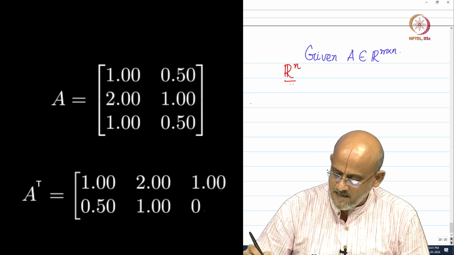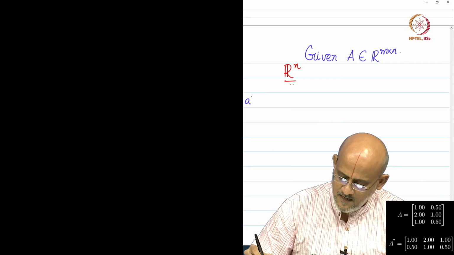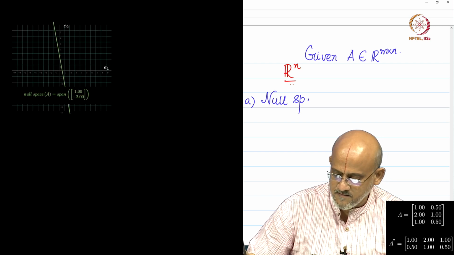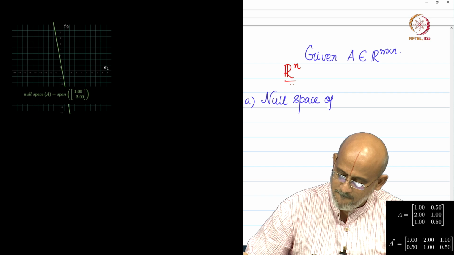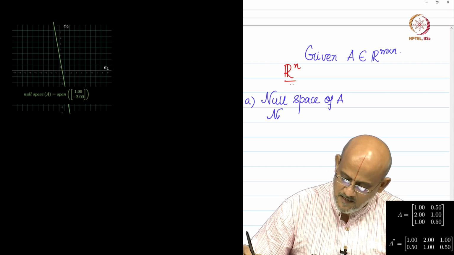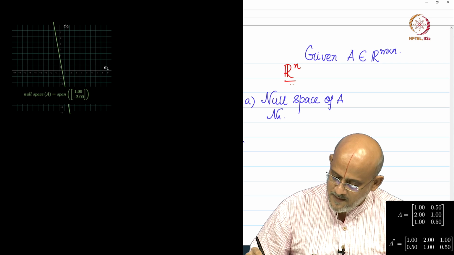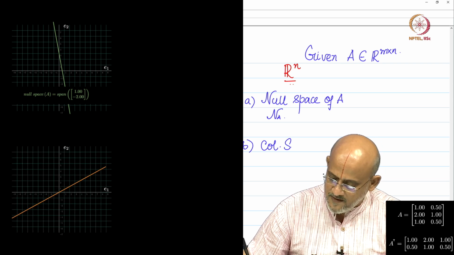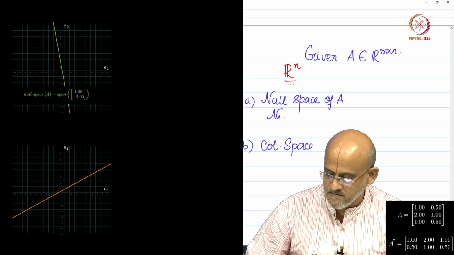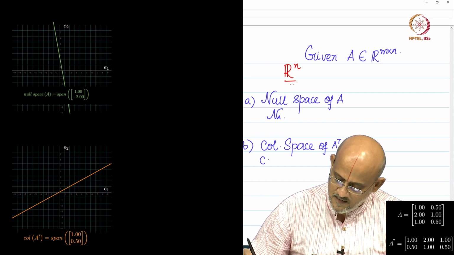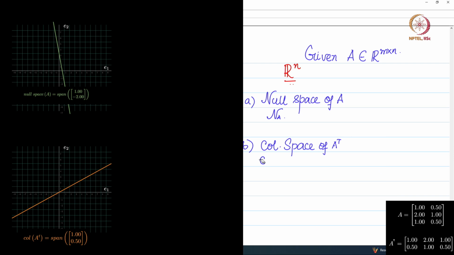On the Rn side we have (a) the null space of A, which we call N(A), and (b) the column space of A transpose, which is, let us say, the range of A transpose.